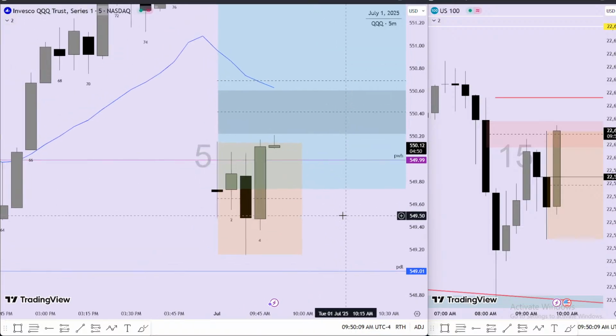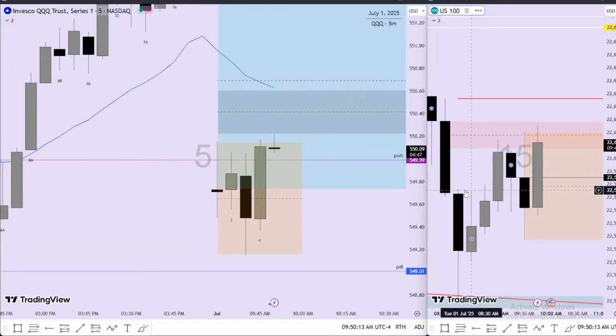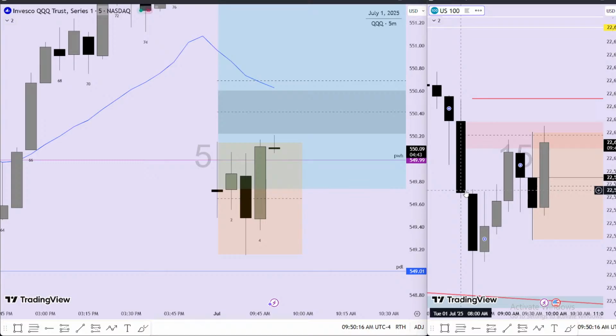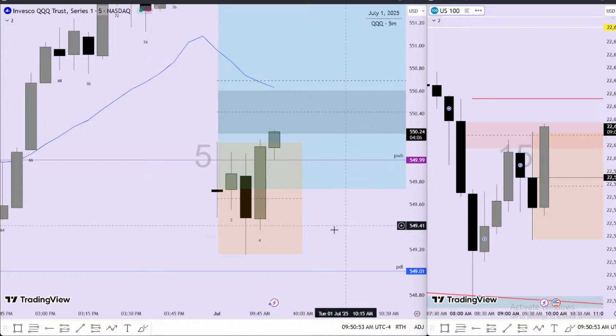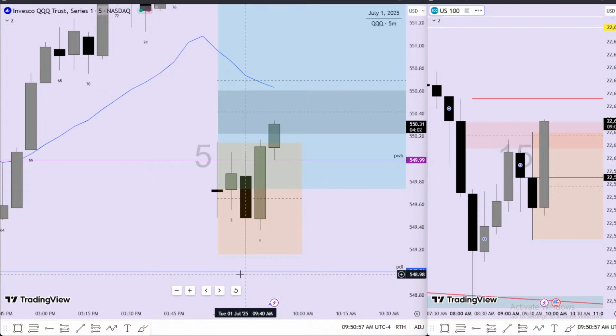Really not the best trade in the world. Oh God. Might retest to the moving average.